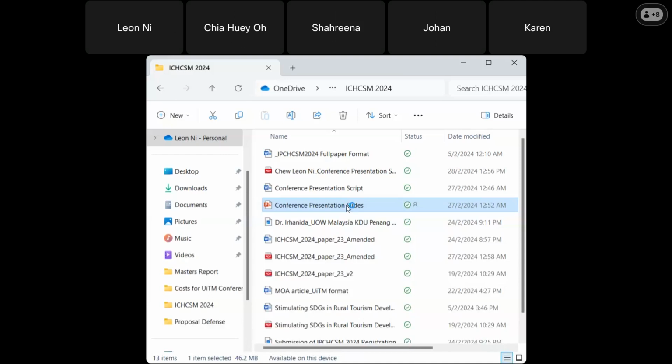Okay, we can see the screen on. Are you seeing the first page? Not sure. We only see all the files on your Explorer OneDrive. I think it's loading. Just a minute.